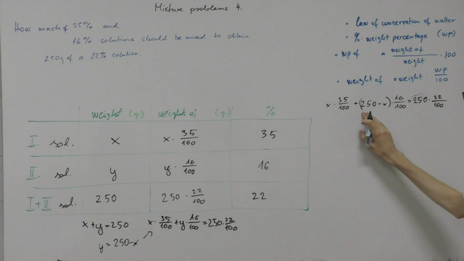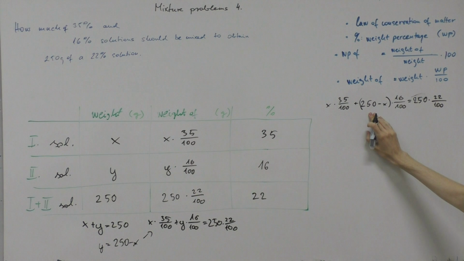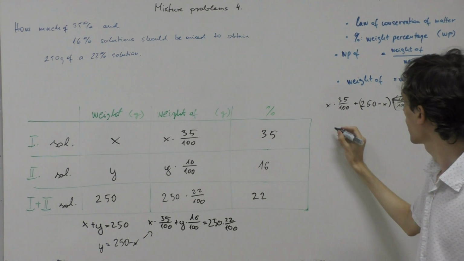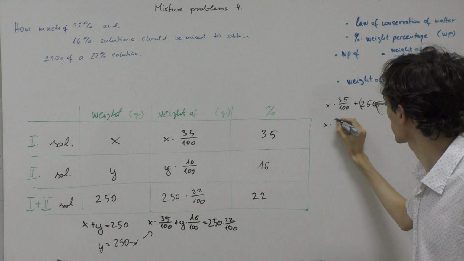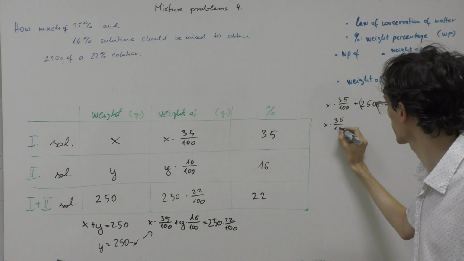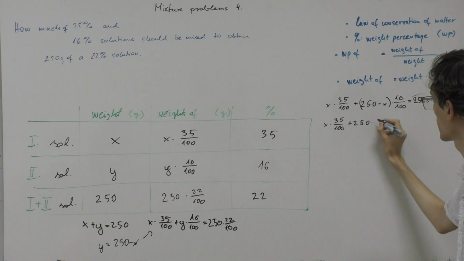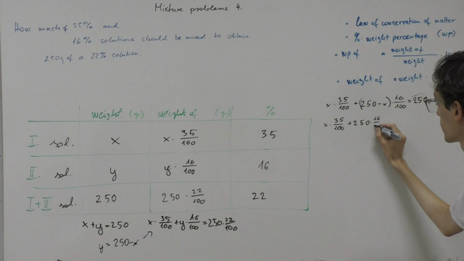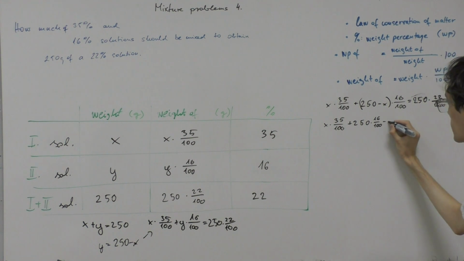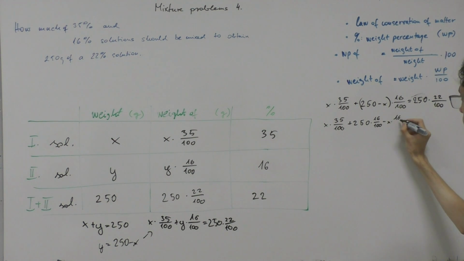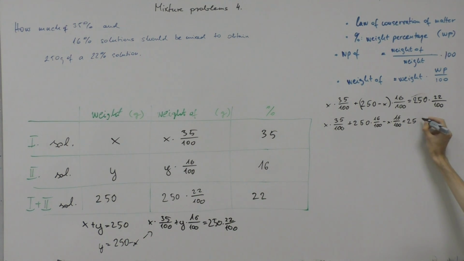And now let's multiply these parentheses. So we have x times 35 over 100 plus 250 times 16 over 100 minus x times 16 over 100 equals 250 times 22 over 100.